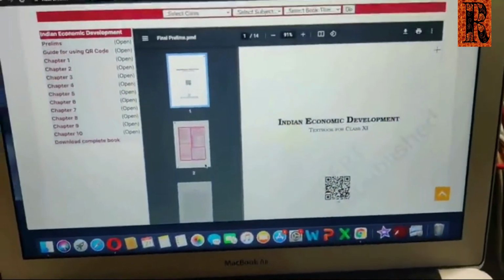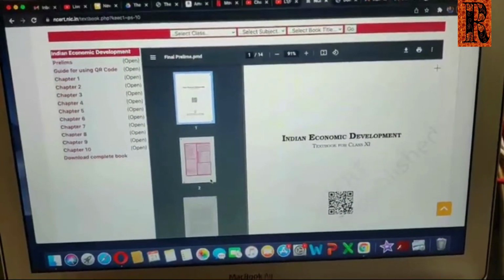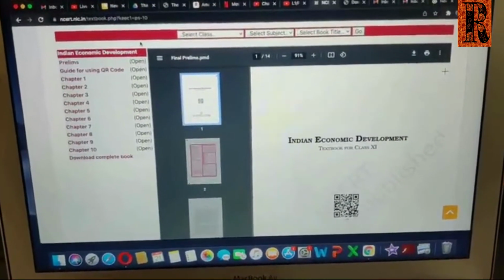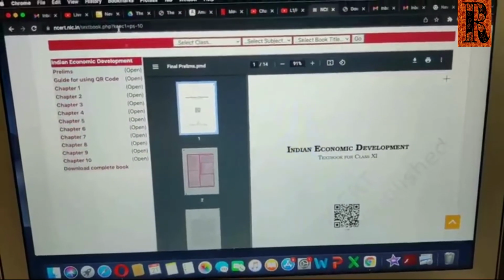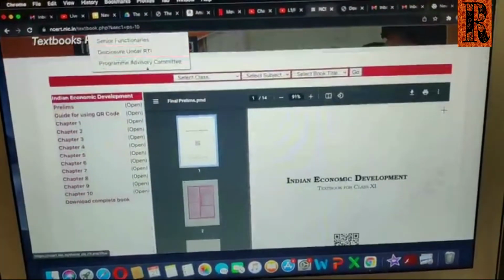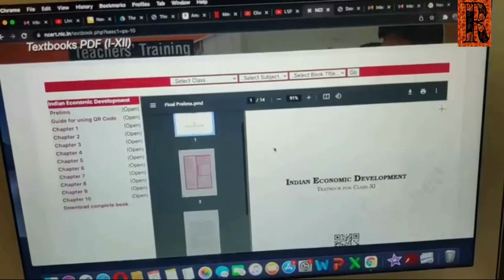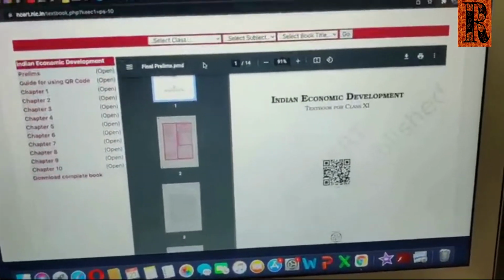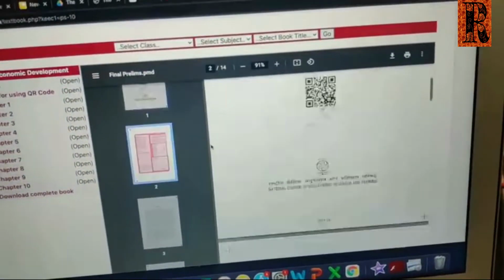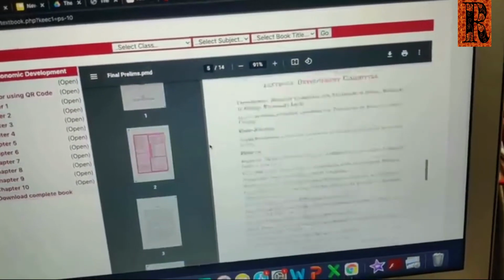I will show you. If you come to the NCERT website, you can simply go to the NCERT website page. Then you can select the class and this 11th class book will come. In this book, I will show you the prelims, the table of contents.